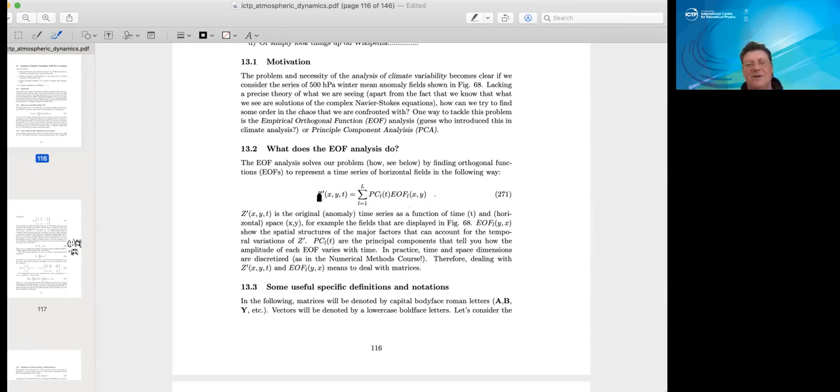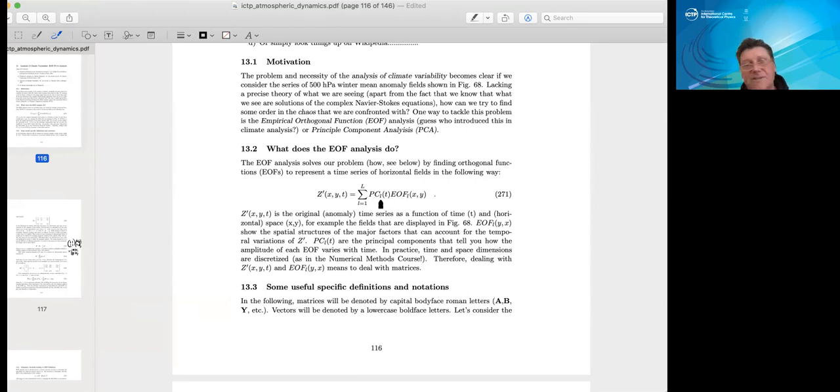You can express these anomaly fields in space and time exactly by using simply this distinction between a time-dependent principal component and these many, many empirical orthogonal functions. But so far we haven't made any assumptions on these.